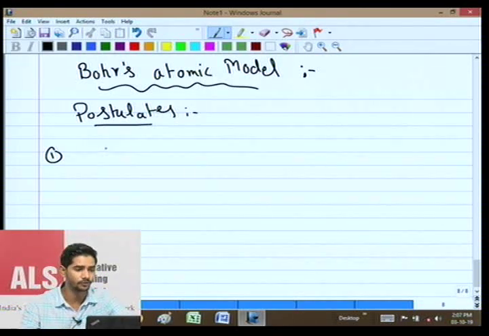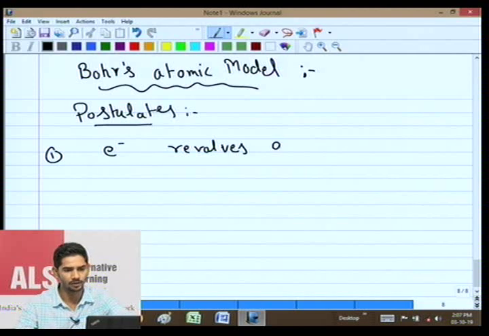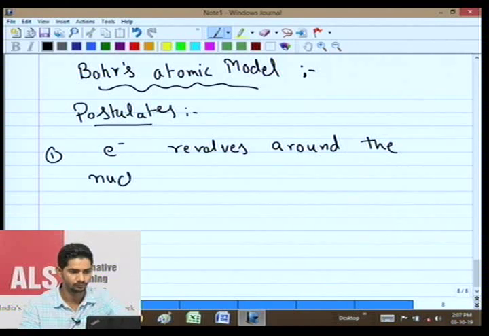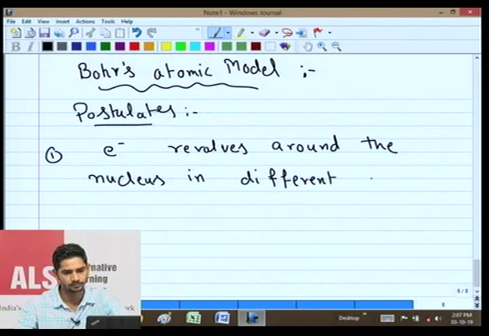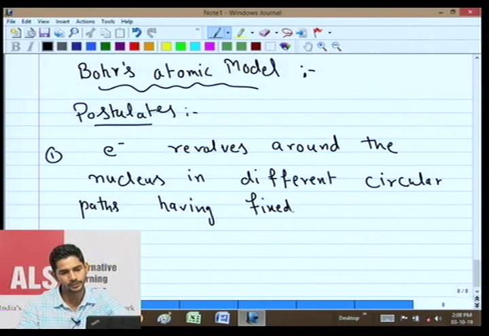Okay, so the first point is: electron revolves around the nucleus in different circular paths having fixed energy.